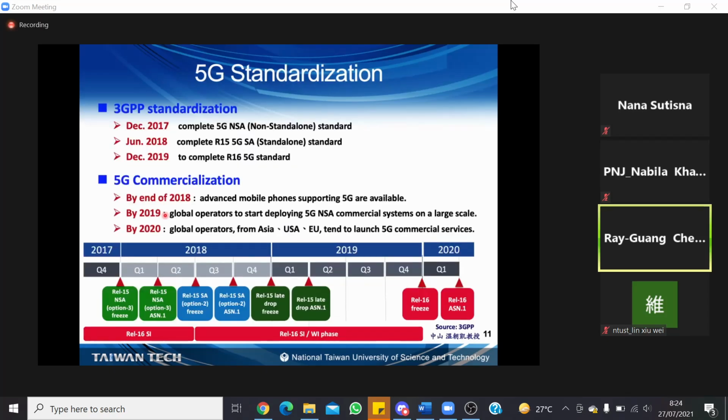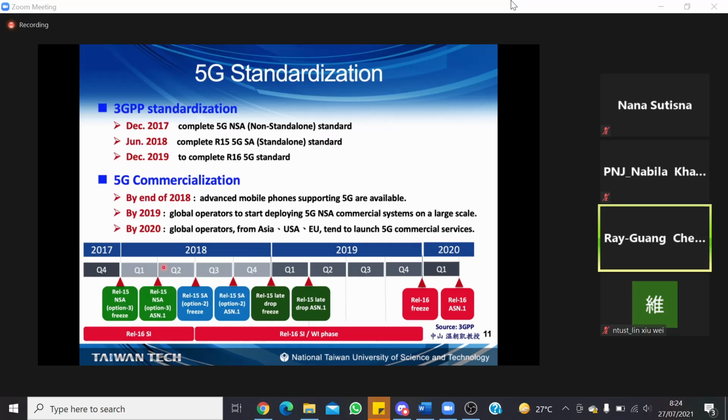So let's quickly go through the 5G standard. Actually, there are some important milestones. At the end of 2017, they started to define and freeze the Release 15 standard. This is the first standard for 5G we just mentioned. The first standard actually supports non-standalone.